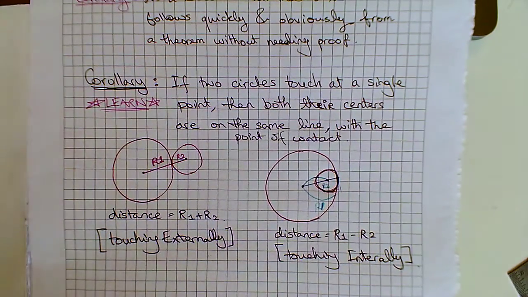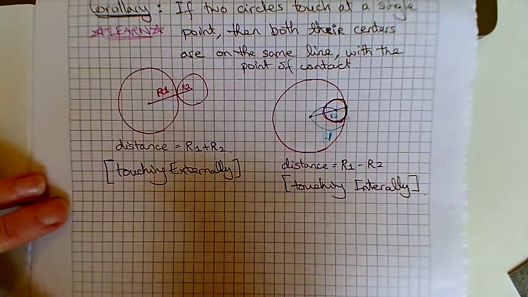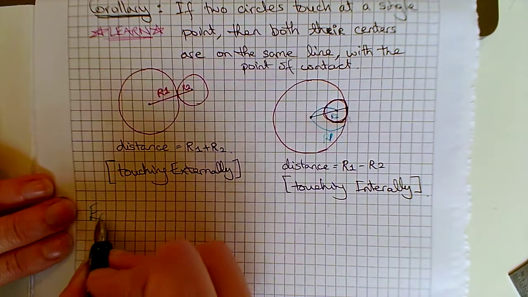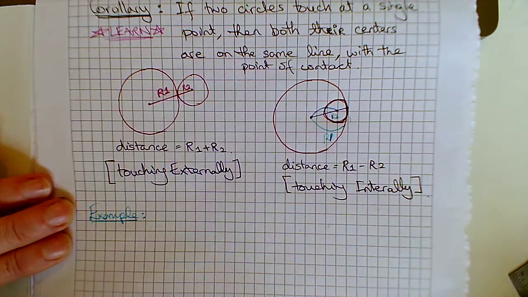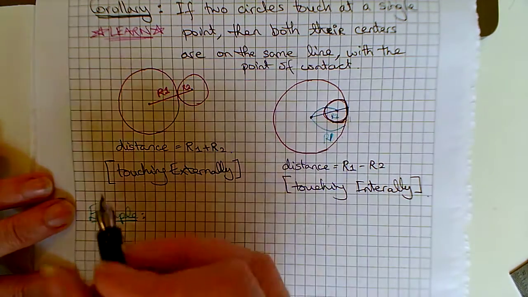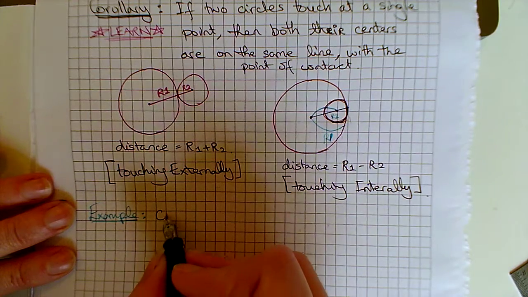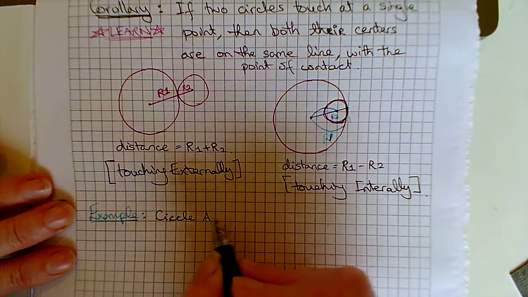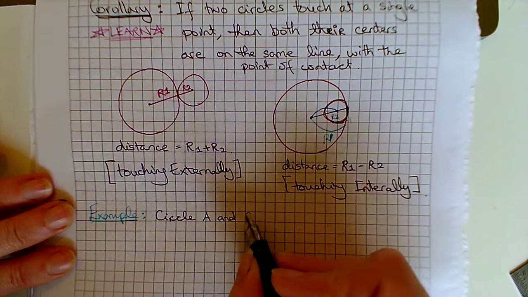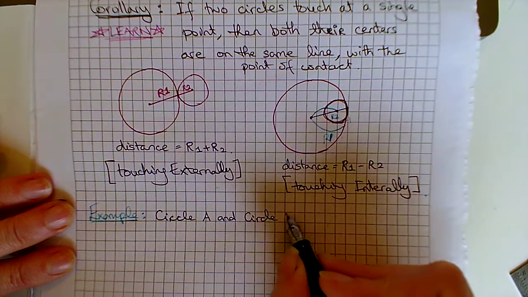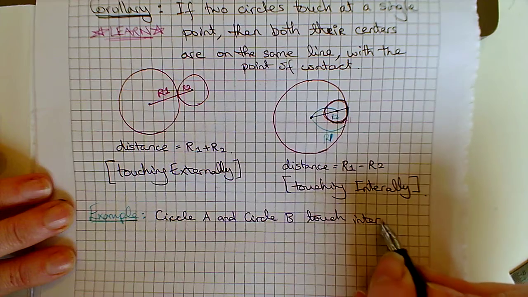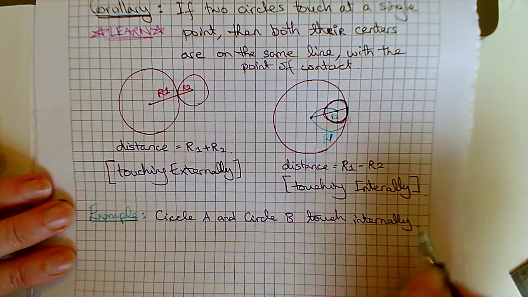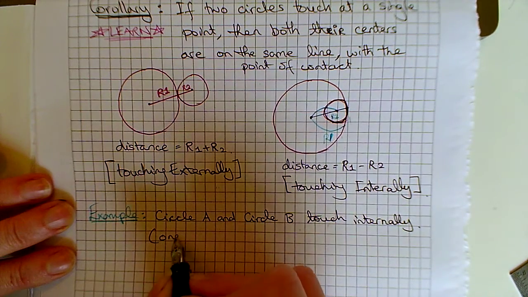Let's do a quick example of how we might be asked to use those. So if we're told without a diagram, circle A and circle B touch internally. And again, that means one is inside the other.